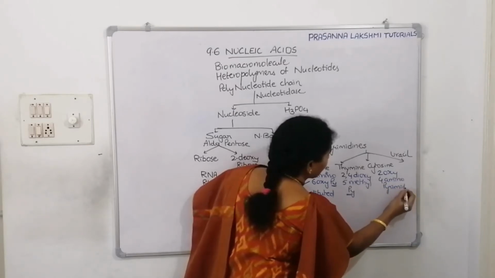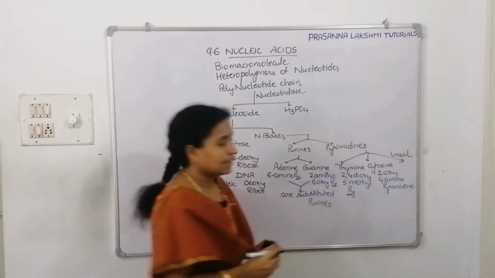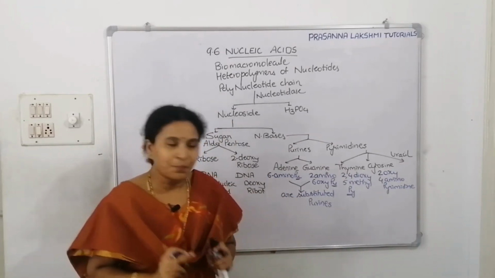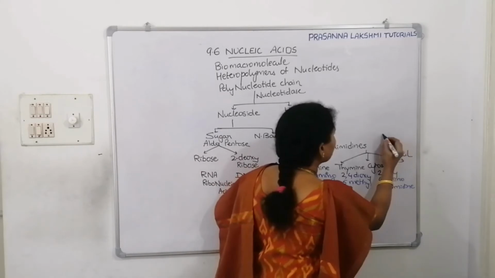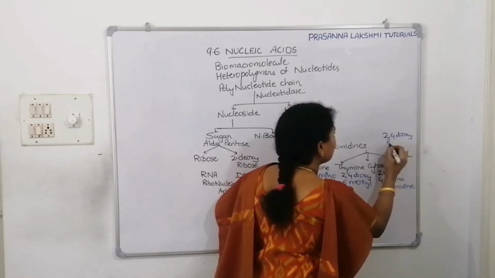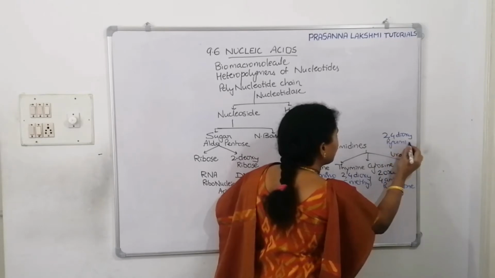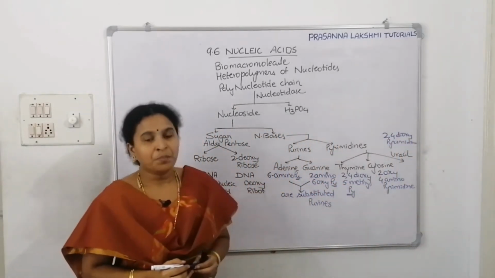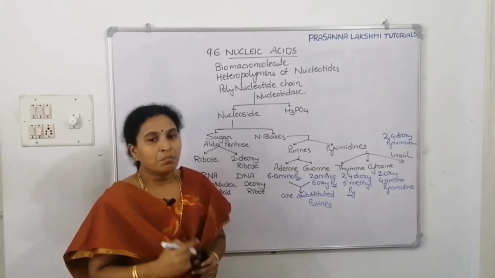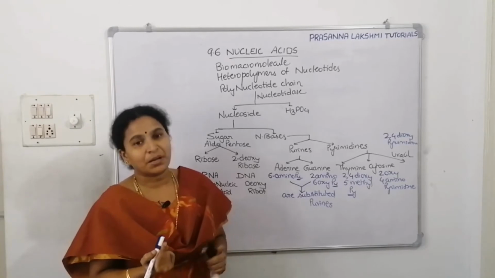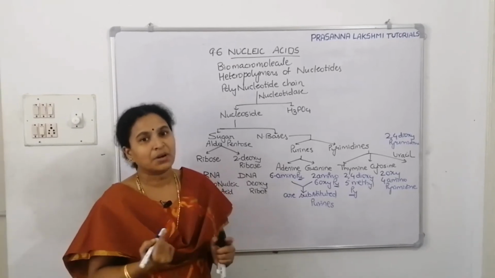What is uracil? Uracil is 2,4-dioxypyrimidine. Means for the pyrimidine ring, if we are substituting methyl groups and oxy groups and amino groups, then it becomes thymine, cytosine and uracil.